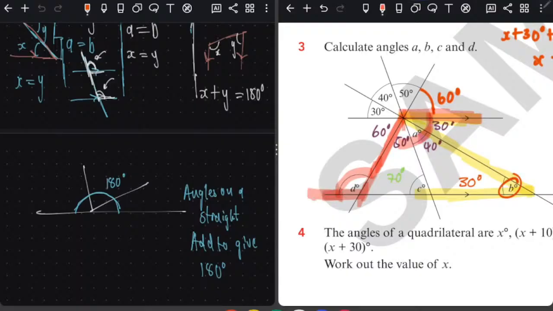Can you see the Z? 50 plus 40 plus 30, 120. So you know this is 120. You can write now. You're done. Have you seen?